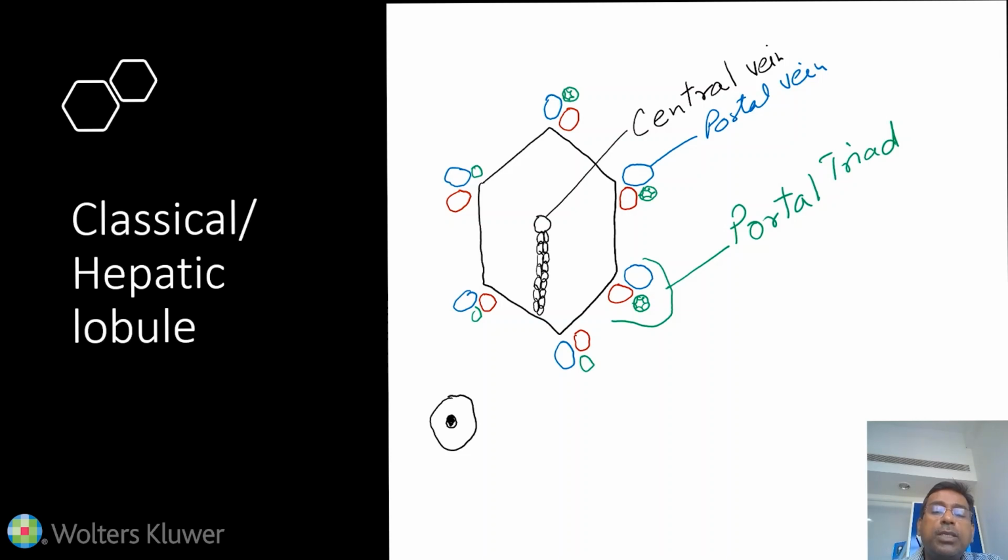If we see the organization of these cells in 3 dimensions, it can be compared with the wall of bricks. So these are the bricks. That's the organization of the wall of bricks. A similar organization is there for the hepatocytes.